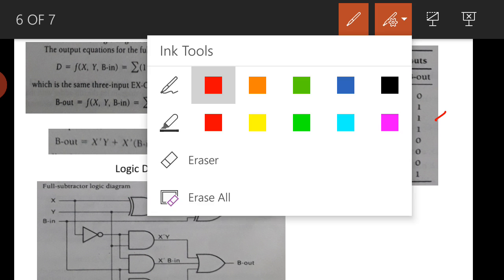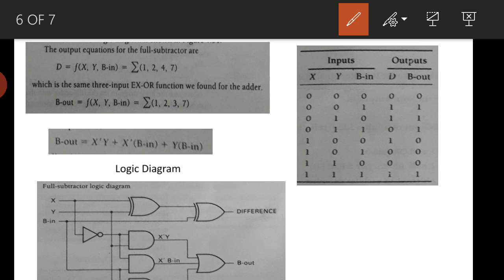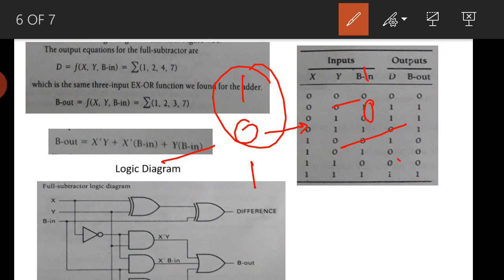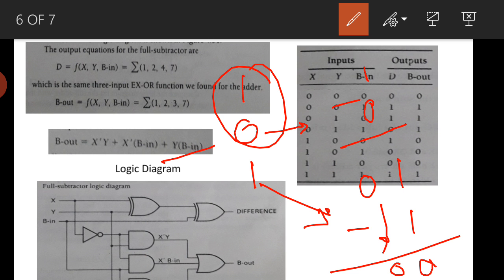And if you take for example 1 0 1, it is straightforward. Here we can do with 1 0 first. What is 1 0 subtraction? Difference is 1, borrow is 0. The same thing again minus 1, that is 1 minus 1, and this is straightforward, 0 0.